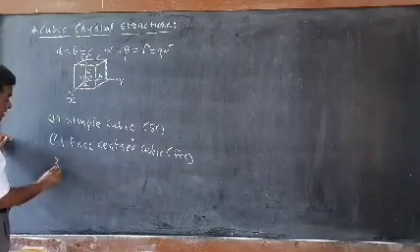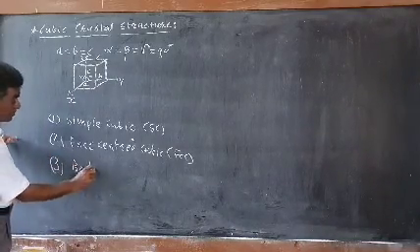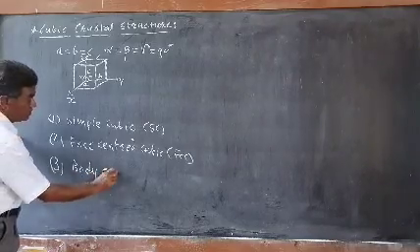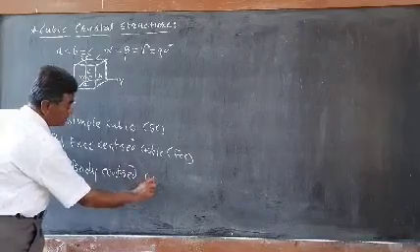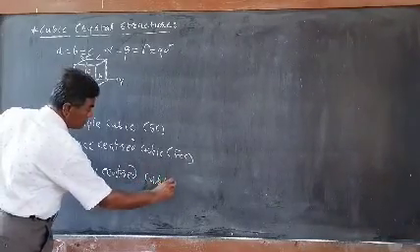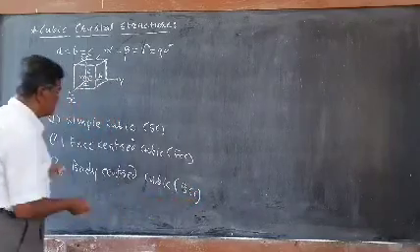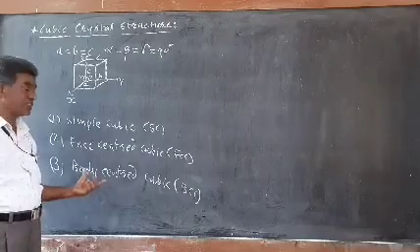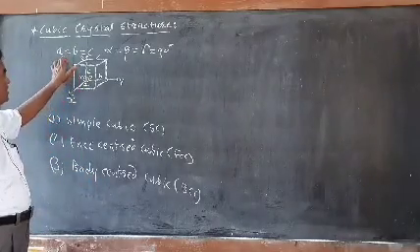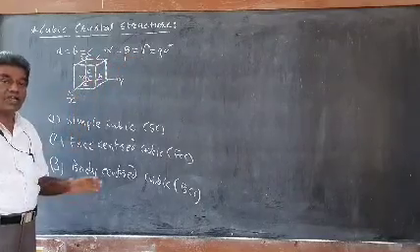And the third one is the body-centered cubic crystal structure, BCC. In all these crystal structures, simple cubic, face-centered or body-centered cubic, the condition A is equal to B is equal to C, alpha is equal to beta is equal to gamma is equal to 90 degrees holds.